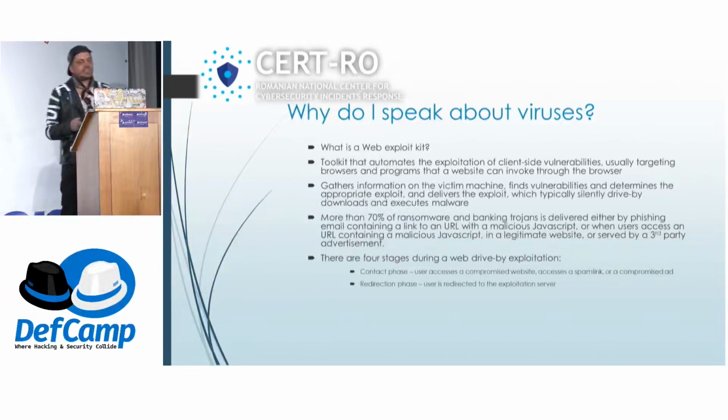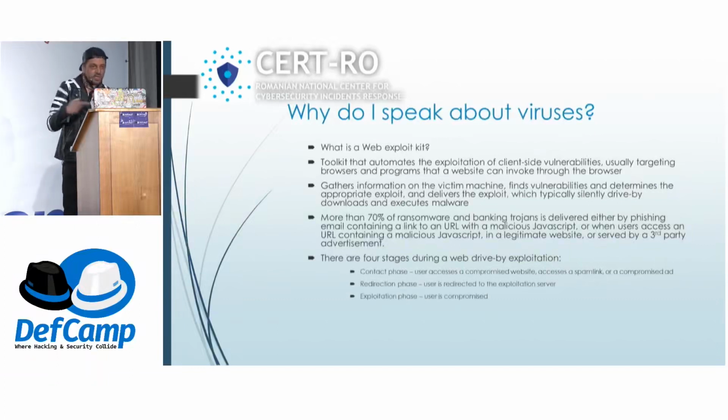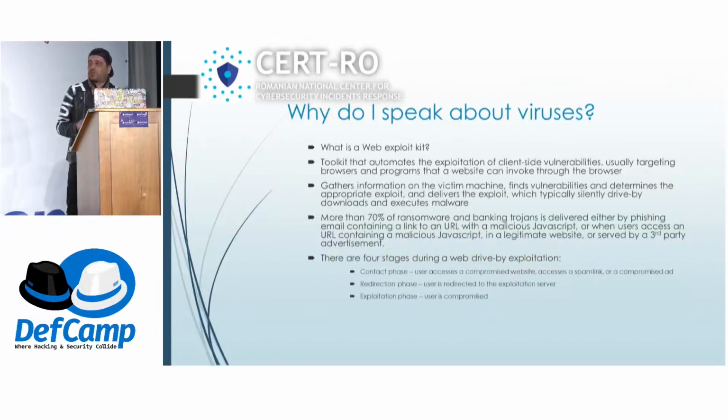The second phase is the redirection phase, where the user is actually redirected to the appropriate exploitation server according to his own type of browser, version, etc. In the exploitation phase, the actual exploit takes place, and control of the victim's computer is taken by the attacker, which normally, in the infection phase, starts to install banking trojans, ransomware, etc.